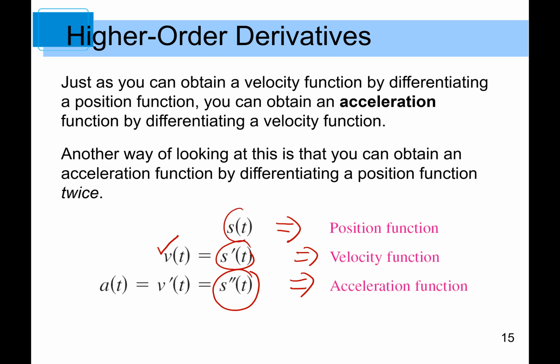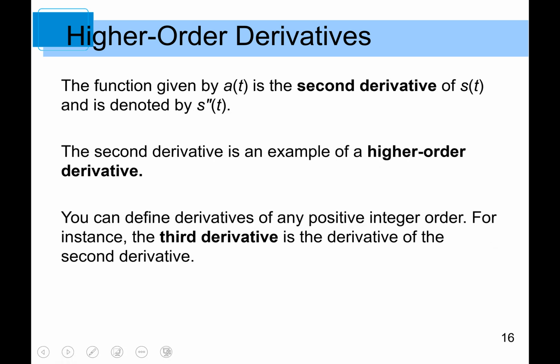So the velocity function is the first derivative of the position function, and the acceleration function is the second derivative of the position function. The function a of t is the second derivative of s of t, denoted by s double prime of t. The second derivative is an example of a higher order derivative.